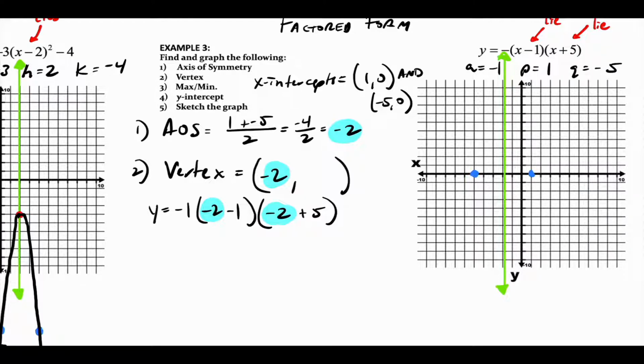Okay. Then do order of operations. Order of operations says if I have parentheses, do the parentheses. So we get -1. In here, I get -3 as parentheses. In here, I get +3 as parentheses. Multiply straight across. I get -1 times -3 is +3 times +3 is +9. That's where my vertex is. -2, +9. So I go make a dot.